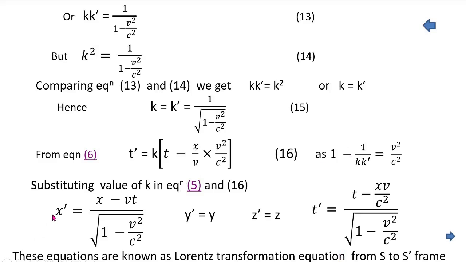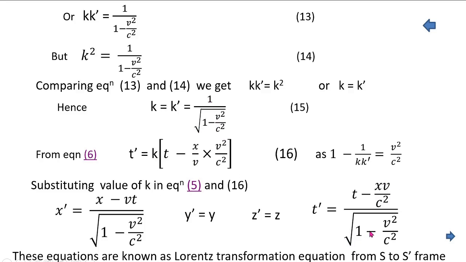Y dash is the same for the case which we have considered. Y dash is equal to y, z dash is equal to z, and t dash is equal to t minus xv upon c square, and this k is 1 upon square root of 1 minus v square upon c square.